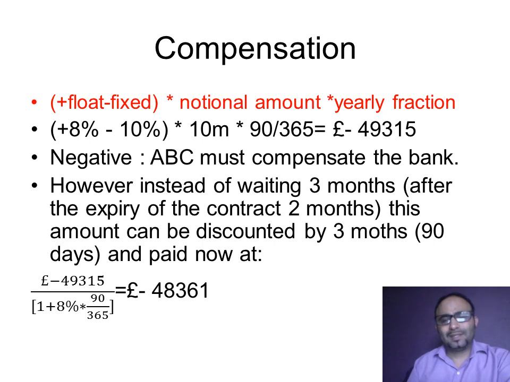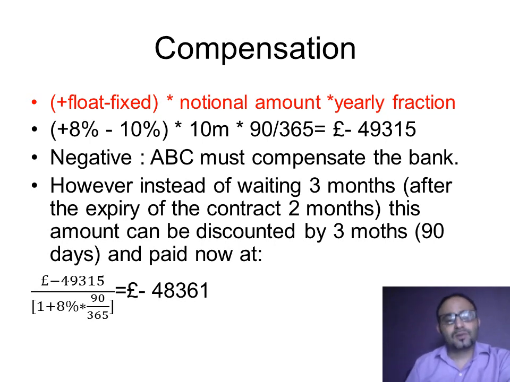However, instead of waiting 3 months after the expiry of the contract, this amount can be discounted by 3 months, i.e. 90 days, and paid now. When we say now at this stage, we mean when the contract commences in 2 months.